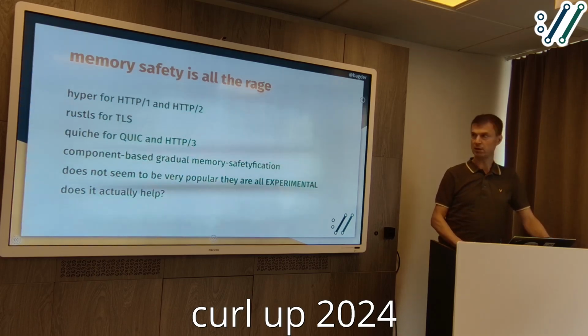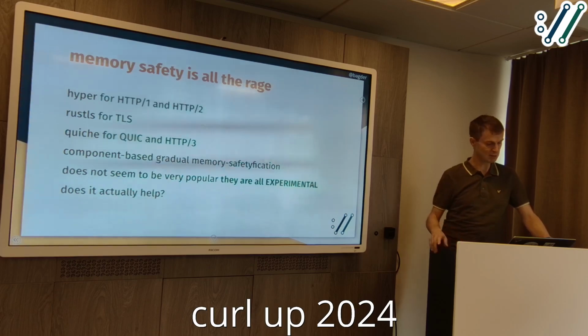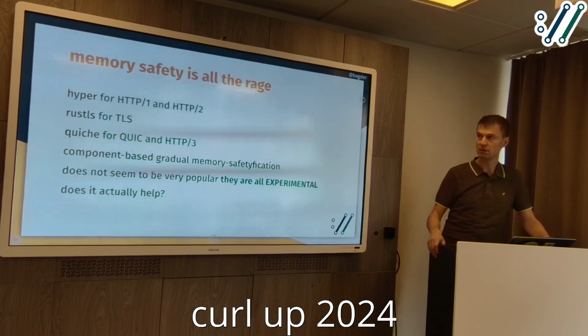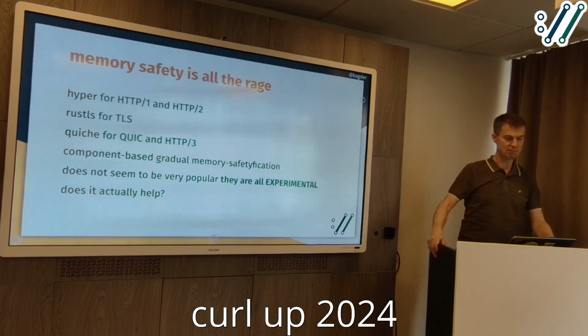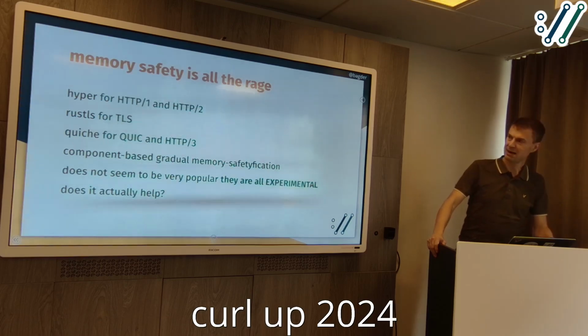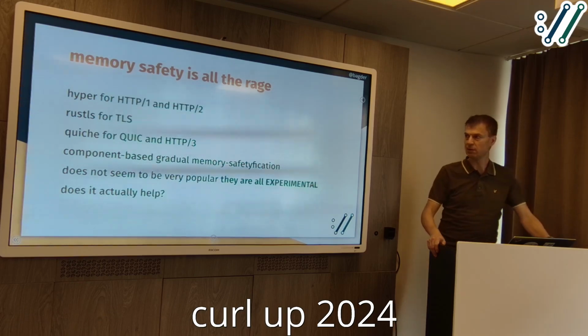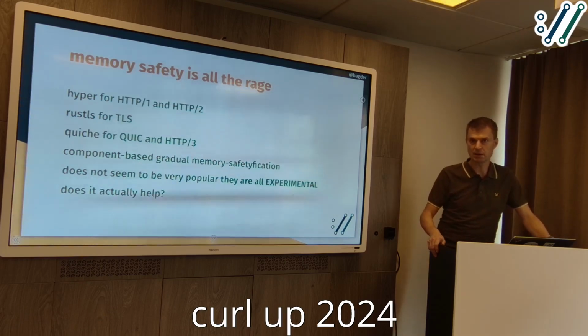Whenever we want to do something, and I think in particular Stefan has felt this recently, when we refactor things around HTTP, we have to make a lot of hyper adjustments just to keep the hyper build happy. Rustls maybe less so, apart from the API changes.